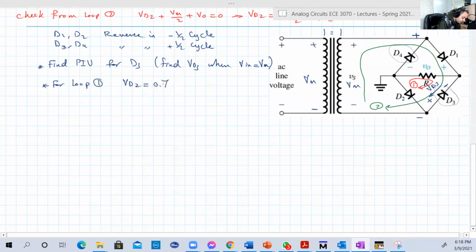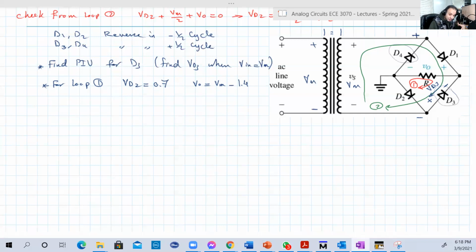Just to review what we talked about in the full wave rectifier analysis, and you will find what I'm saying. We're also going to use V output when V input equal to Vmax, and it will be Vmax minus 1.4. Again, review our lecture on the full wave rectifier bridge, and you will find these facts.